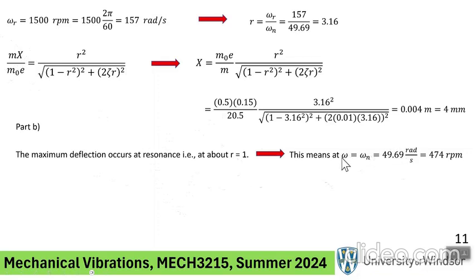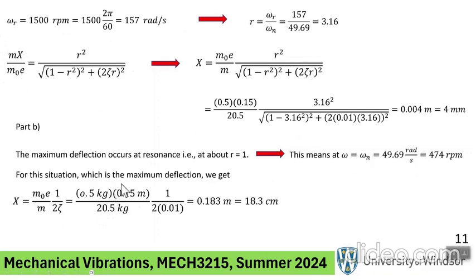Therefore, the rotation of the rotor is at this speed, omega n, which is 474 RPM. So do not let that tail rotor turn at 474 RPM. Now, if you do, what is the maximum value of X? Let's calculate this big X when your R is equal to 1.